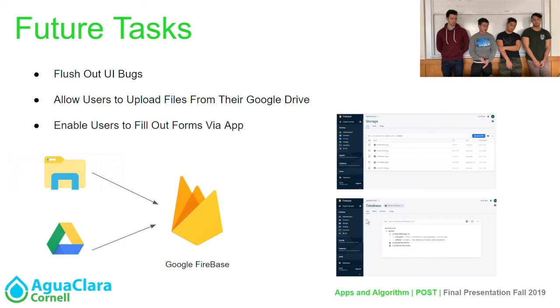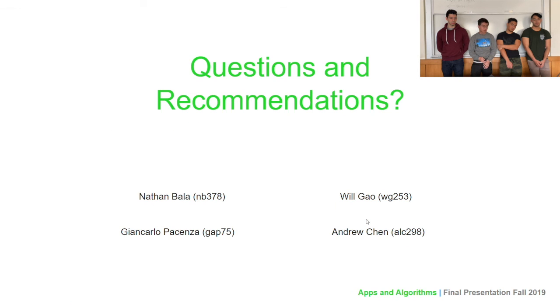In the future, we will want to connect Google Drive to Google Firebase and have them be able to upload their own forms, and then we can pull from there. We're also going to want to flush out some UI bugs here and there, and clean up the app to make it more secure. Thank you.